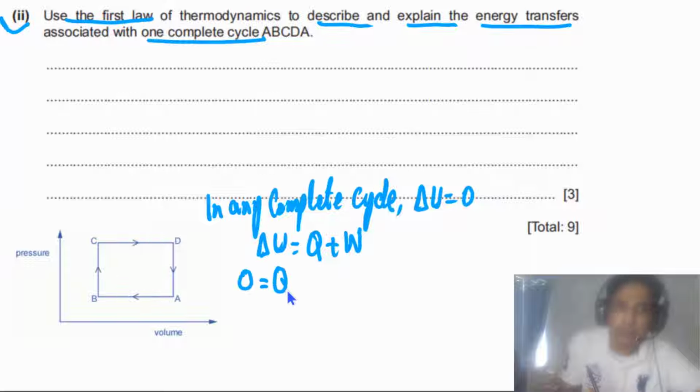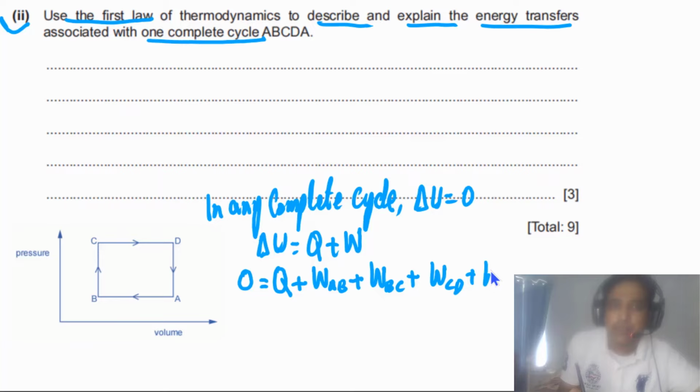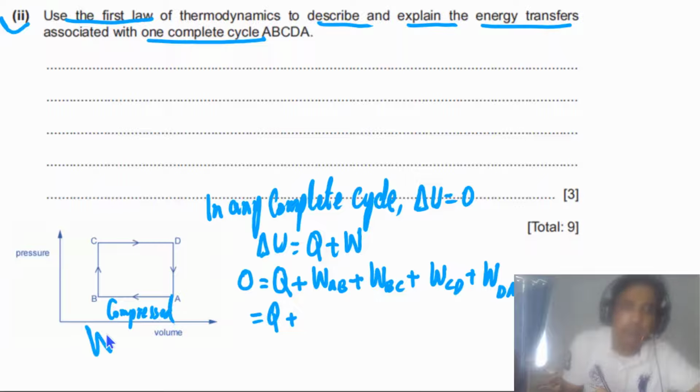So we can write Q here plus the work done between A and B, plus the work done between B and C, plus the work done between C and D, plus the work done between D and A. Here we have Q and the work done between A and B. This work done is positive because the gas is compressed, so work is done on the gas. Between B and C, work done is equal to 0.